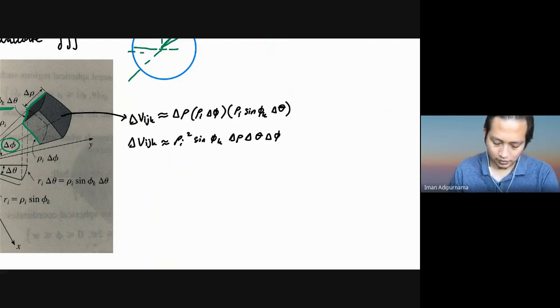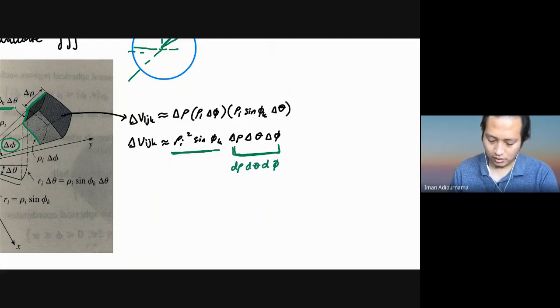And then this will be the conversion, and this will be the differentials, right? So the rho, the theta, the psi.